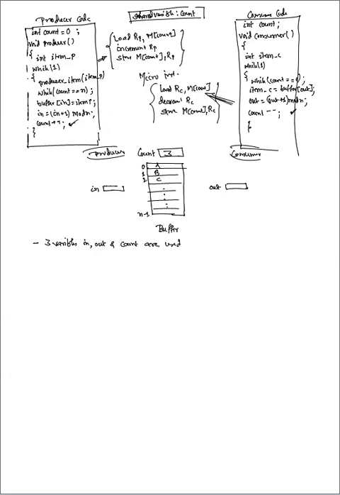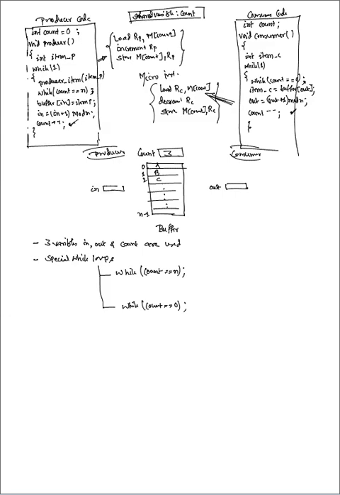So you come here, this is the while loop. What is the meaning of this? We can say there are special while loops: one is while count equals n, another is while count equals 0.